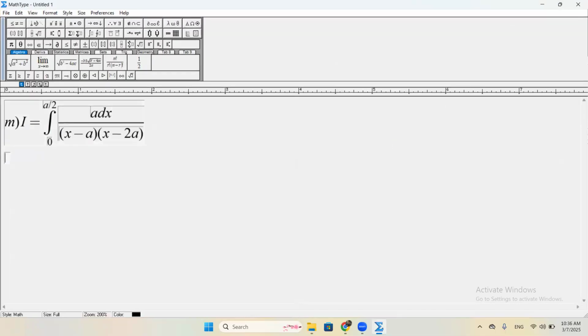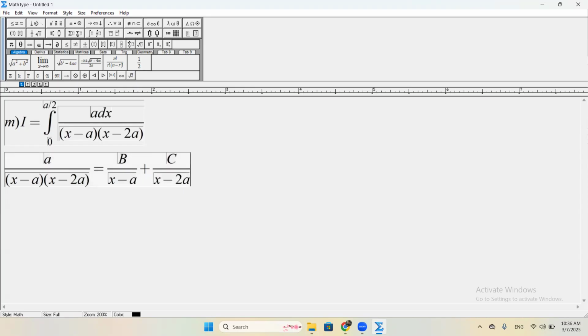So we need to simplify this product, to rewrite it as a sum of fractions with these denominators. So the first, okay, b over x minus a plus c over x minus 2a.